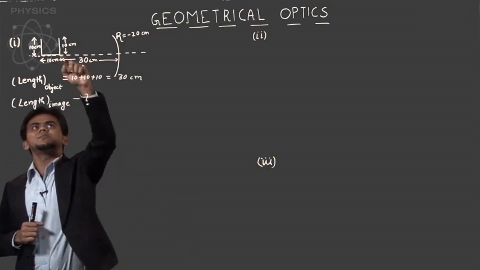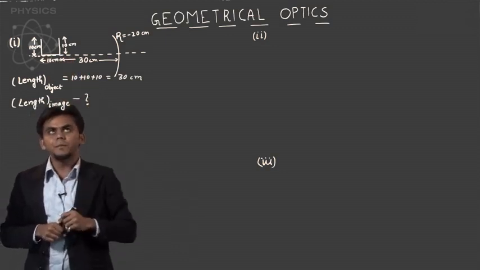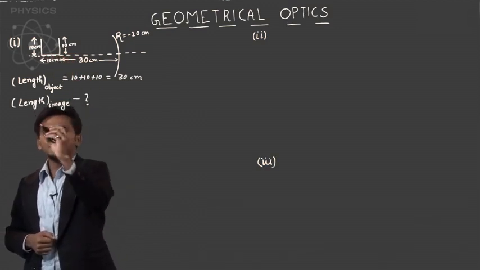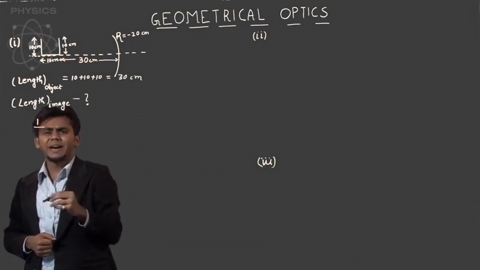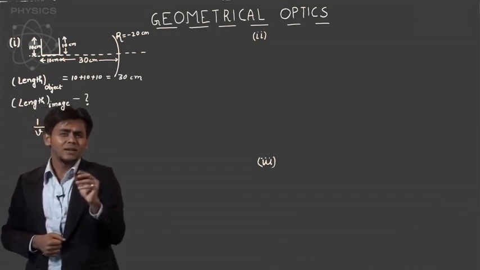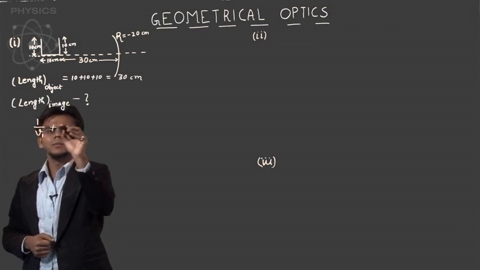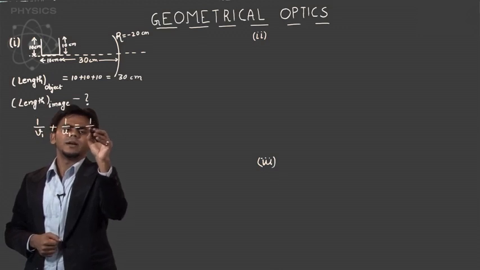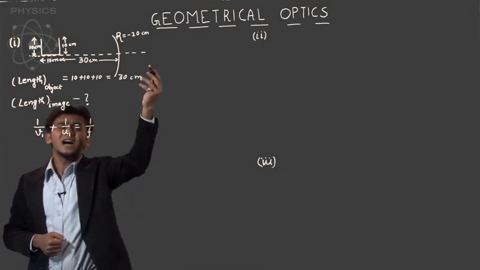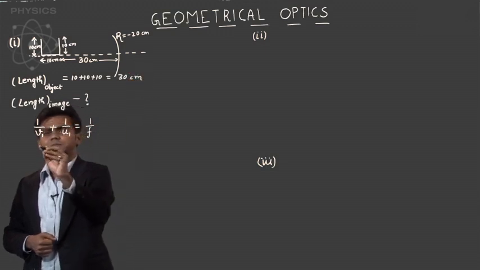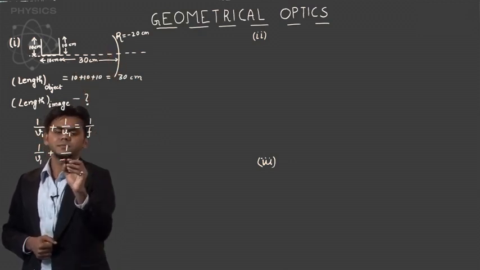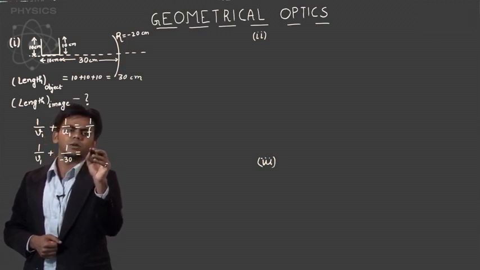I'll take this as my first point, this is my second point. So I'll take U1 for this and U2 for this. So if I use the formula 1 by V1 plus 1 by U1 is equal to 1 by F, which is half of radius of curvature, so minus 10. U1 is minus 30.